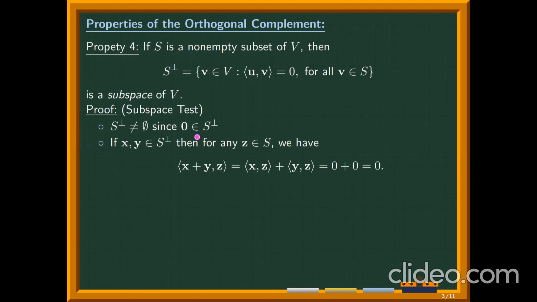Next, we show that S-perp is closed under addition of vectors in V. Suppose X, Y are vectors in the orthogonal complement.